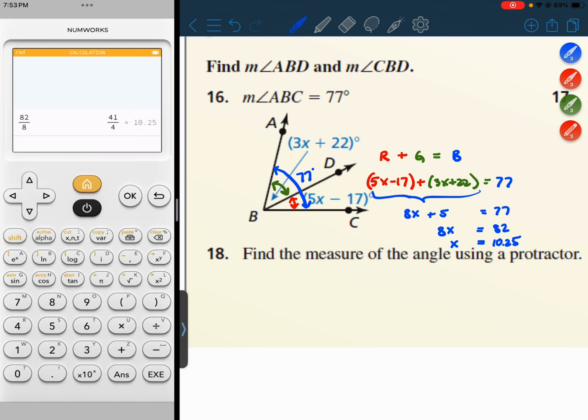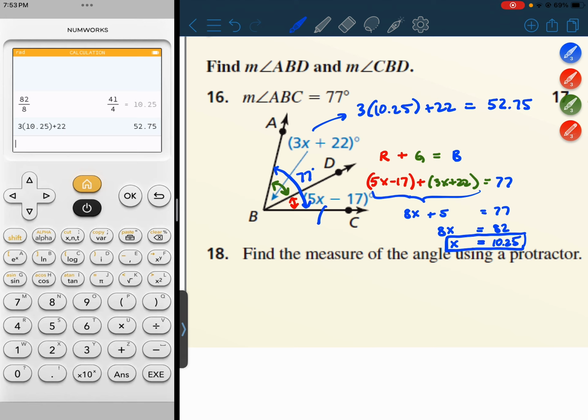Again, some students would stop here and say this is the answer, but the question didn't say find x, it says find the measures of those angles. So we're going to substitute this back into both expressions to get the number of degrees in each angle. This will be 3 times 10.25 plus 22, which is 52.75.